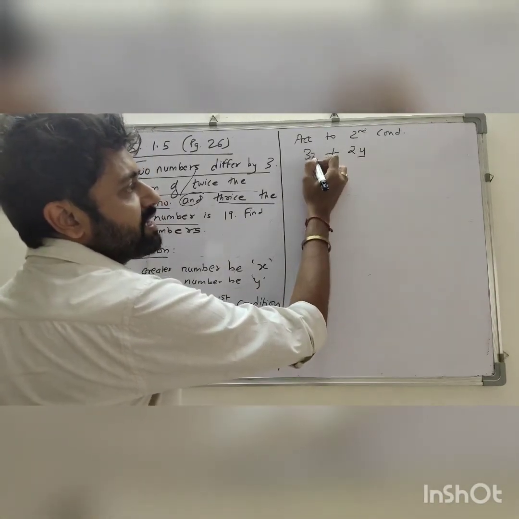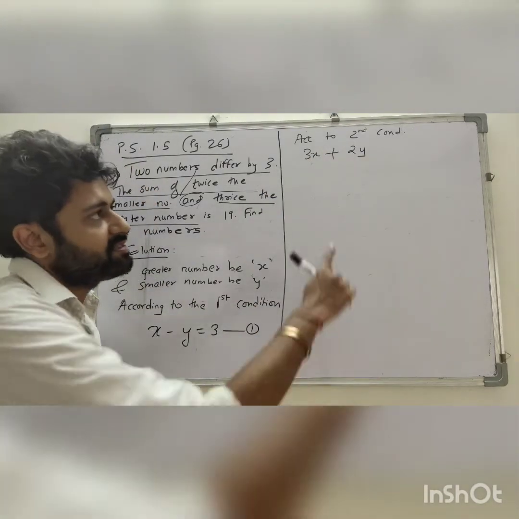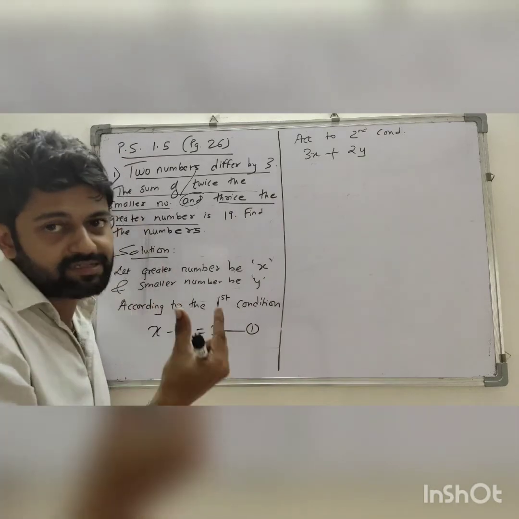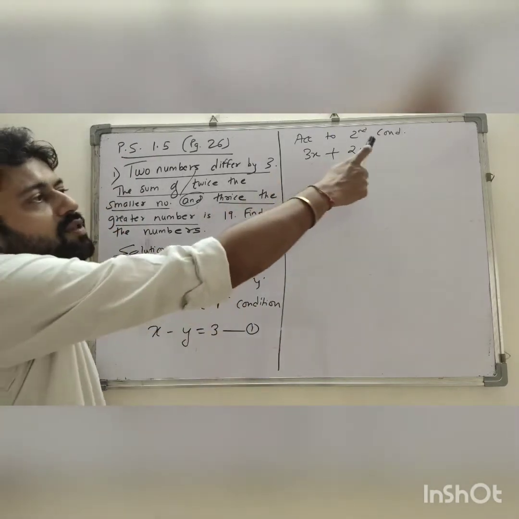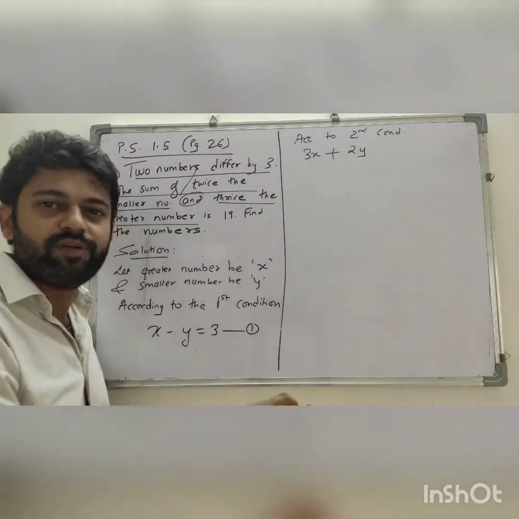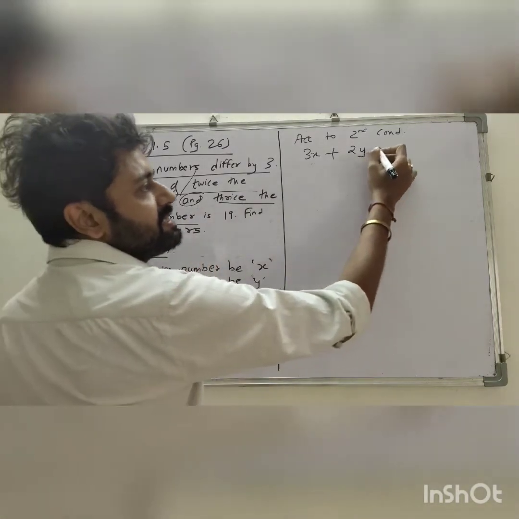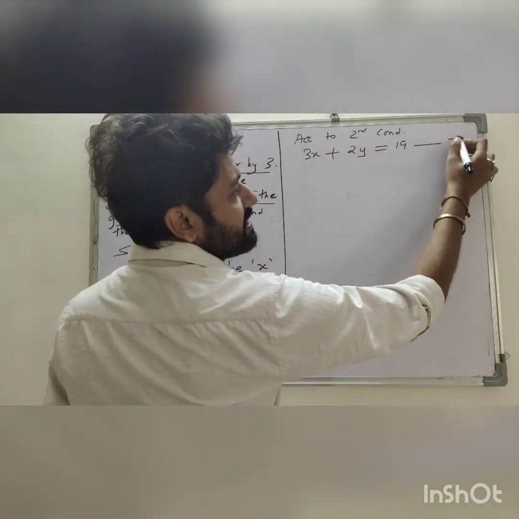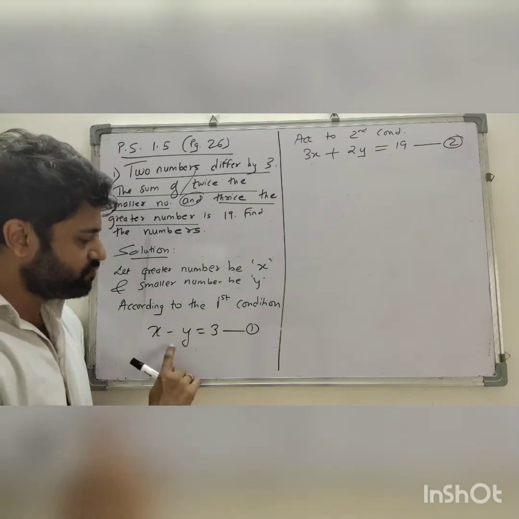The sum of, sum means plus, of whom, of two. Twice the smaller number I wrote at the back because y comes at the back, and thrice the greater number is 19, and this is equation number 2. We have to solve these two equations.